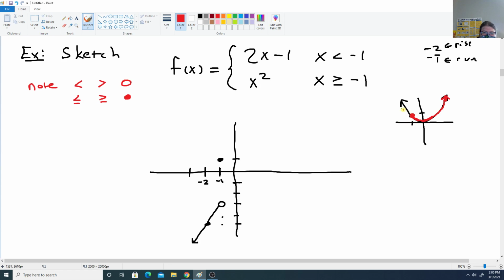The part to the left I don't keep, since we did a different form of the line to the left of that dot. So I'm going to make this shape here, and it will pass through that point we mentioned earlier. And this right here is the graph of that piecewise defined function.